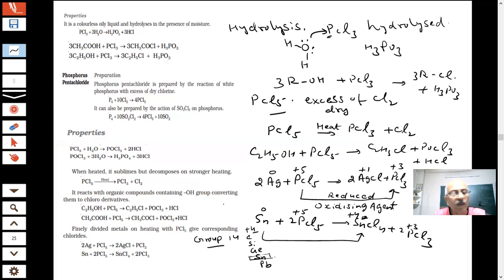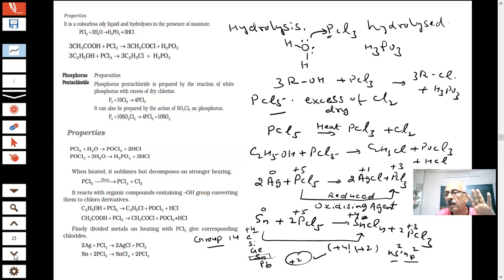If you go lower down the group, lead will show +2 more. The lower oxidation state becomes more stable down the group, which you already know as the inert pair effect. All these things we use repeatedly in our question answers.